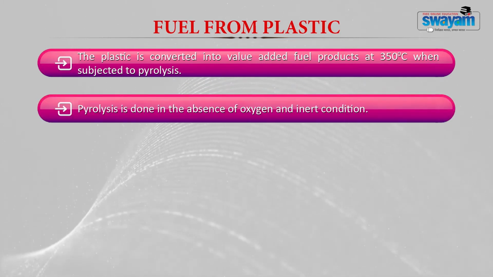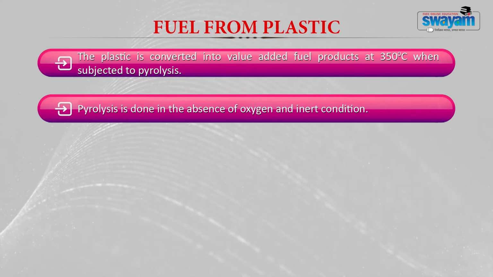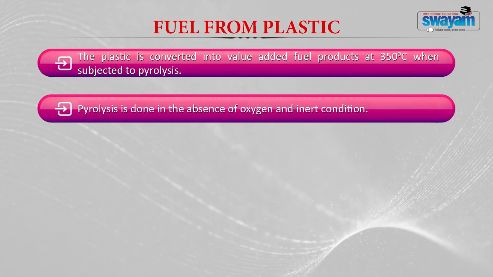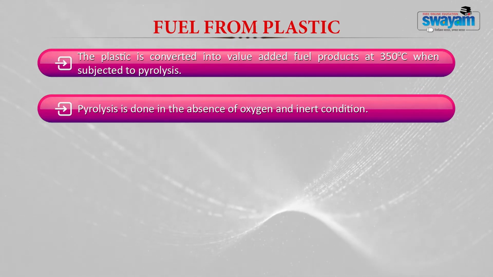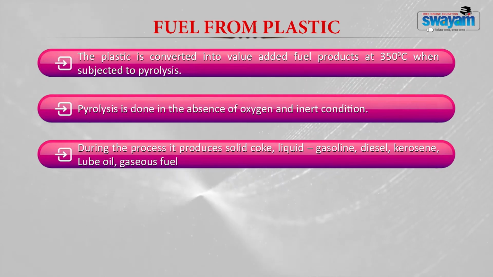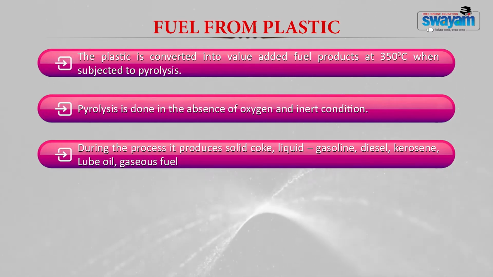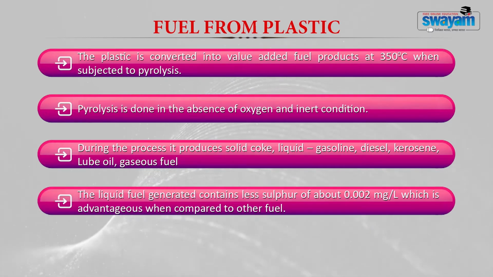Pyrolysis is a process done in the absence of oxygen, in inert condition, at a temperature of 350 to 650 or 850 degrees Celsius. During this process it produces 3 different products: solid, liquid and gaseous. For solid, coke is produced, for liquid, gasoline, diesel, kerosene and lube oil are produced, and gaseous fuel is produced. The liquid materials produced are separated by fractional distillation.